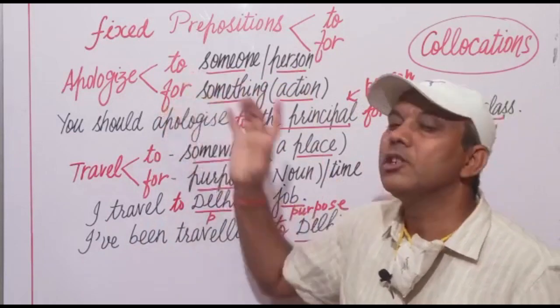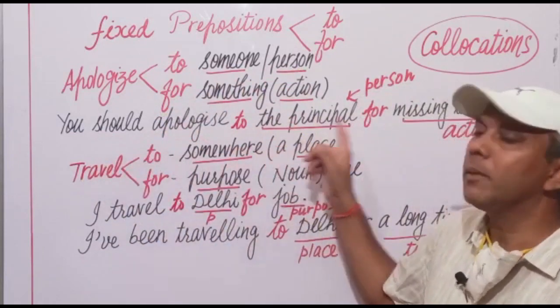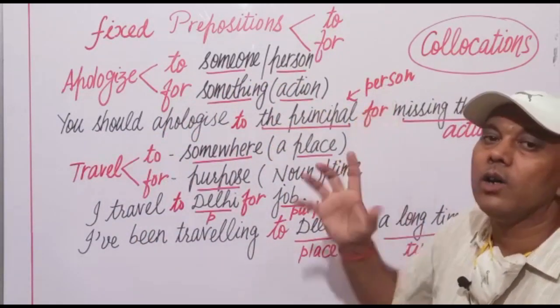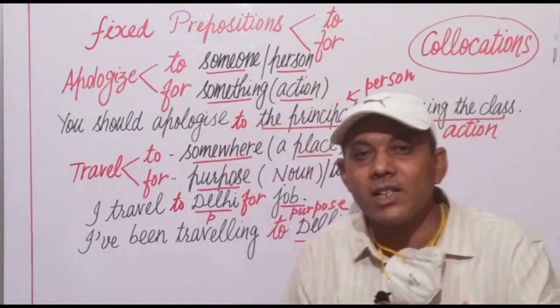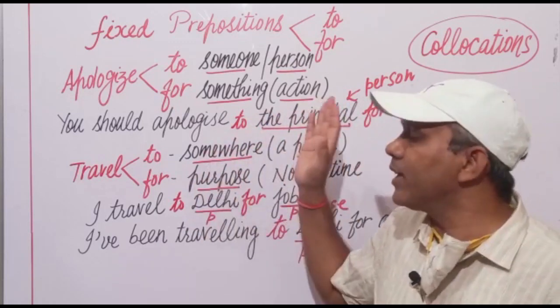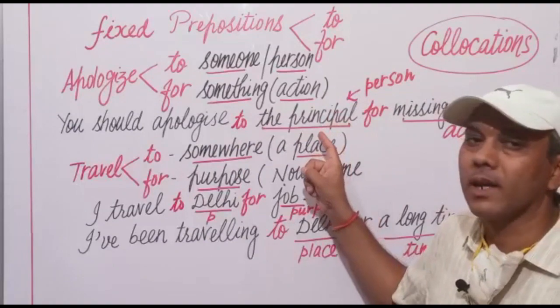If there is a sentence with apologize followed by a preposition and a person or someone, we shall use to. For example, you should apologize to the principal. Here, the principal is a person or someone. We shall never say apologize for the principal.